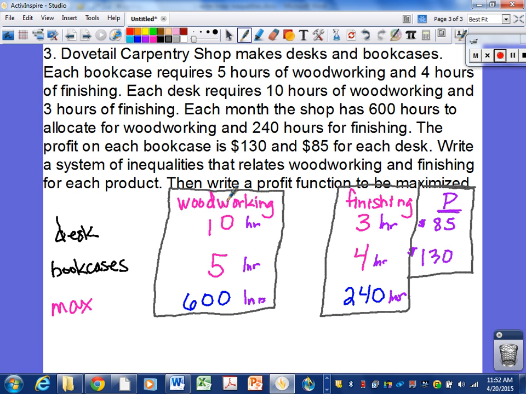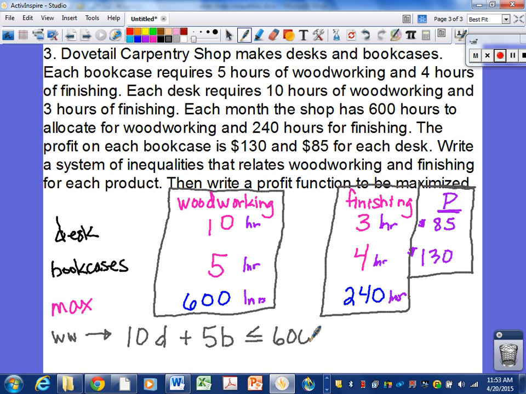So we're going to have a woodworking inequality. Woodworking, we have 10 hours for every desk, so 10D, plus 5 hours for each bookcase. If we add those together, we cannot exceed 600 hours.